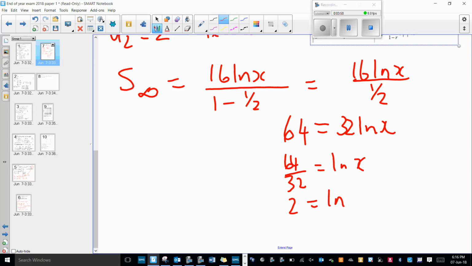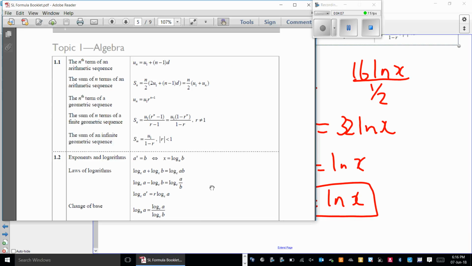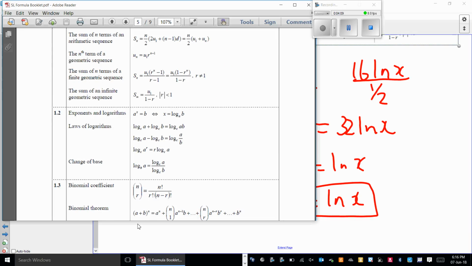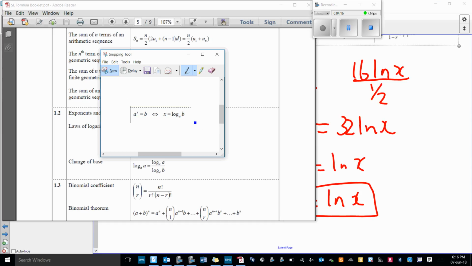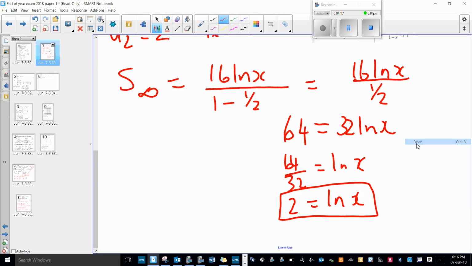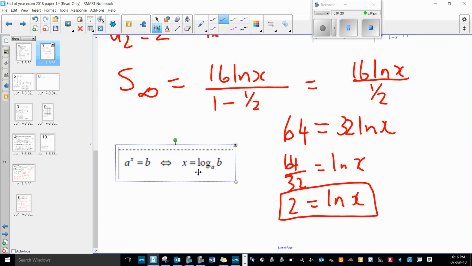Now, we're trying to find x on its own. So we go back to here, and remember, again, our laws of logs. This time we're going to focus on this thing here. We have a log statement here. It's not really written just like this, but that's because we've got ln.